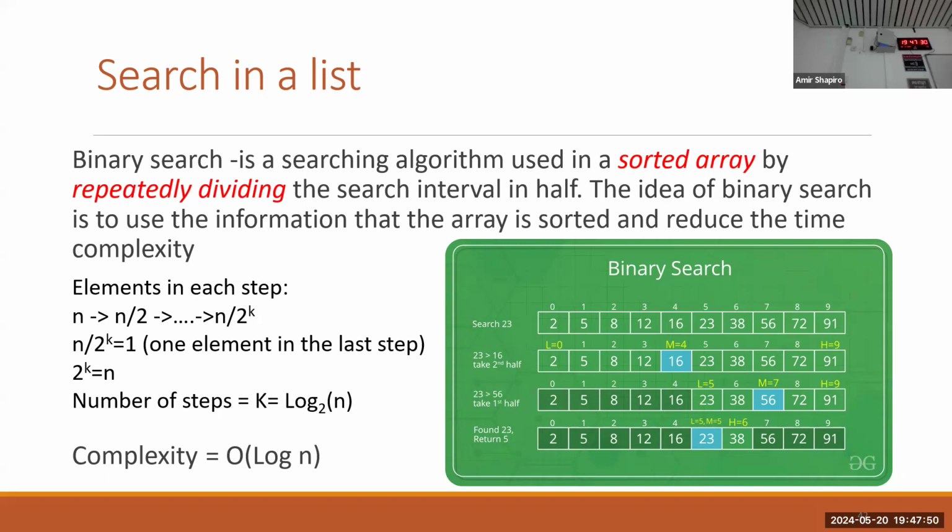This means that 2 to the power of k equals n, and k, the number of steps, will be log to the base of 2 of n, log n. So the complexity, the number of steps that I need to do in order to find the right position, will be order of log n in order to search for an item in a sorted list.